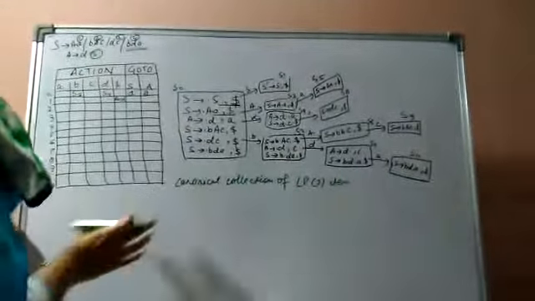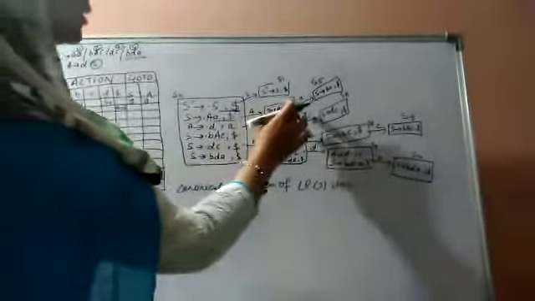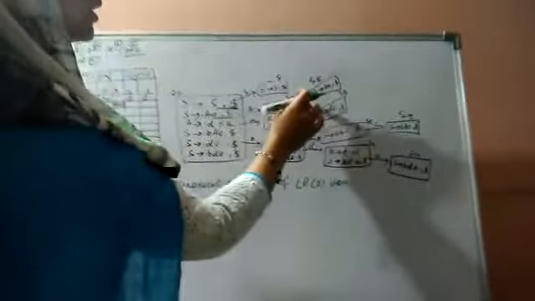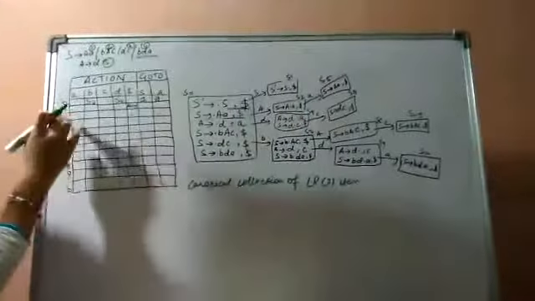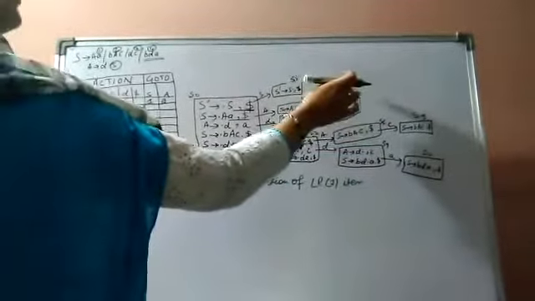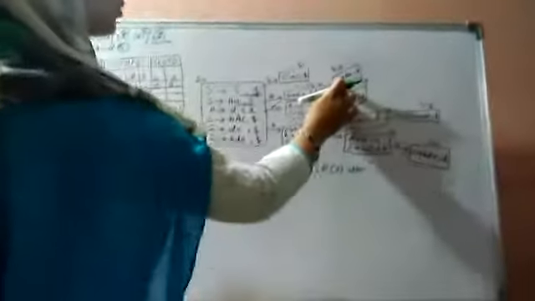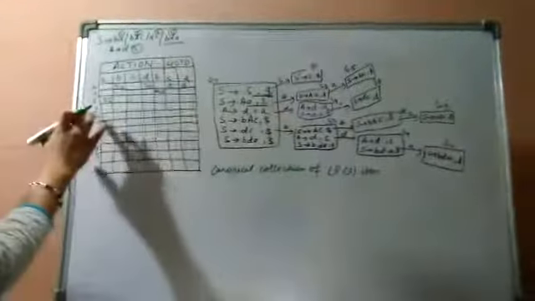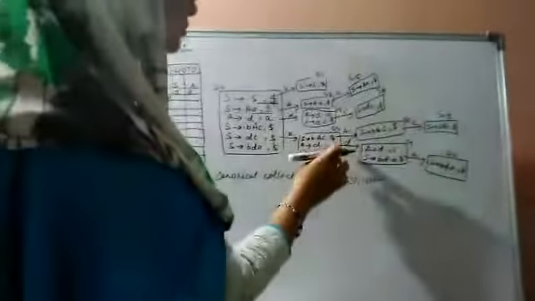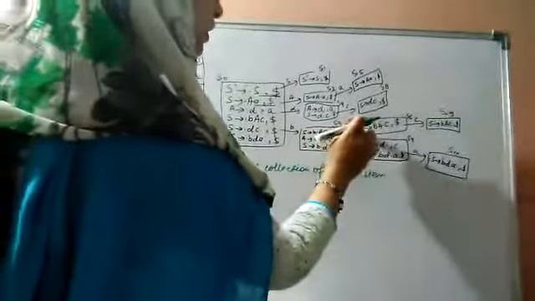Now the second state deals with that A to S5. This means that we are shifting to the S5 production rule. And from third state we are going with A to 6.